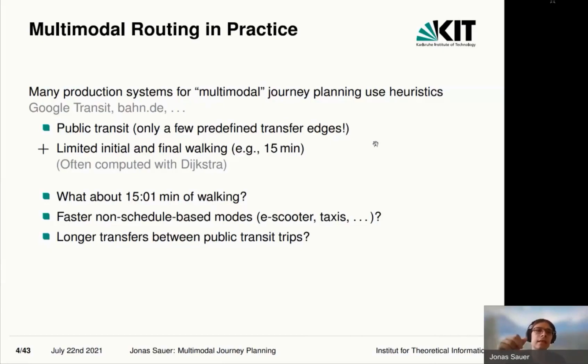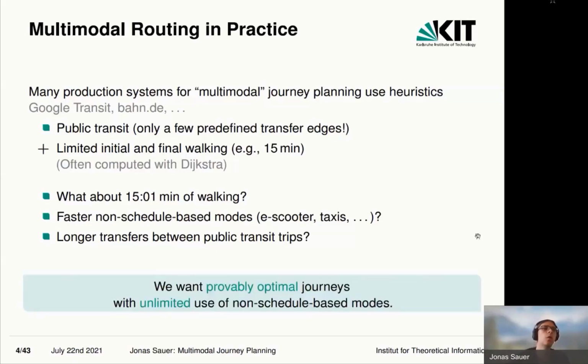But even things like having a bus station and a tram station which are around the corner from each other, often not even those will be connected with a transfer edge in many real production systems. And if you get into transfers that are longer than that, let's say you might have something like 10 minutes of walking between stations, most systems don't consider that.